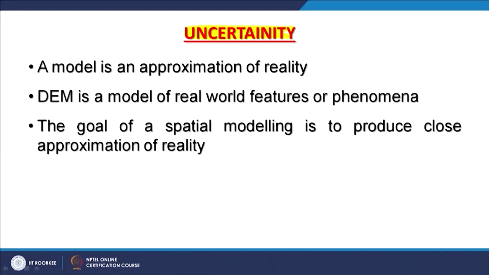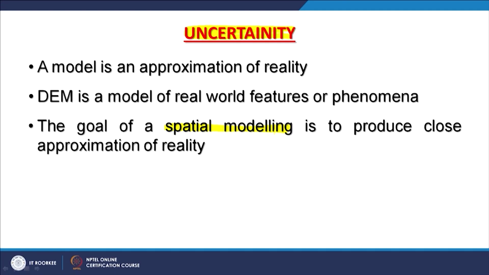So what we have is a model of the terrain in an abstract form, not at a one-to-one scale. And therefore this DEM is a model of real-world features or phenomena, present in abstract form, at reduced scale.